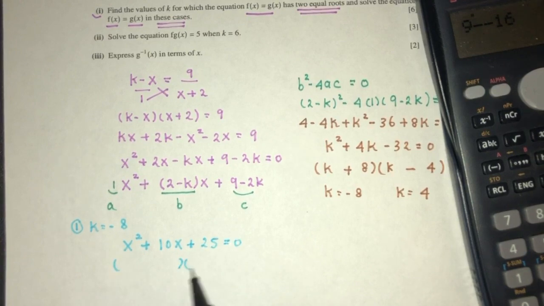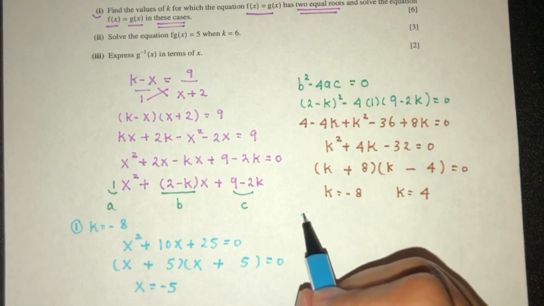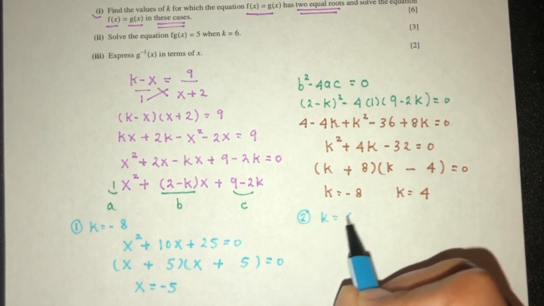So factorize, let's see what do we get. We get x times x, 5 times 5, to get plus 10, that should be plus and plus. X can be minus 5. That is one value.